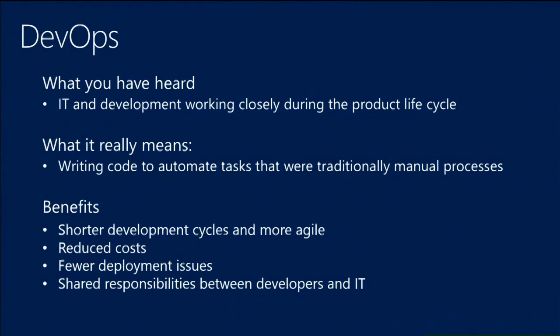DevOps is talked about more in the Unix and Linux crowd, but what it really consists of is, instead of IT pros and system administrators going through and manually configuring things every time, they get together with the developer staff or whoever owns the application and figure out how to automate the deployment and configuration of their application. So what it really means is you're probably going to write some code to get something deployed. It doesn't mean you're going to write an application. It means you're probably going to write some script to automate some steps.